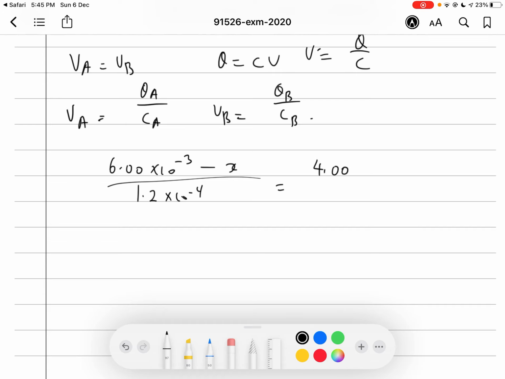That is equal to the charge gained by B, which is the initial charge plus X, so 4 times 10 to the power negative 3 plus X, all over 1 times 10 to the power negative 4. We can cross multiply here.